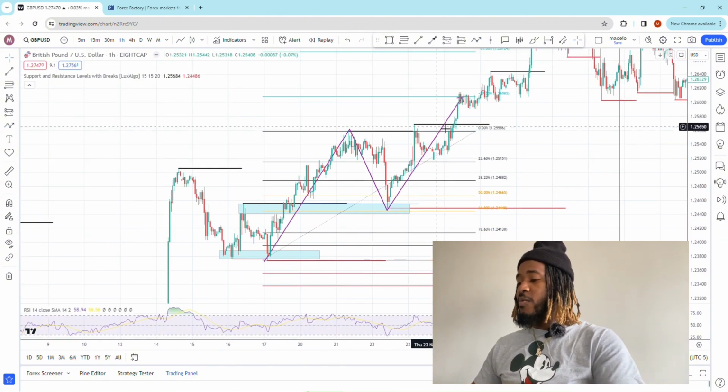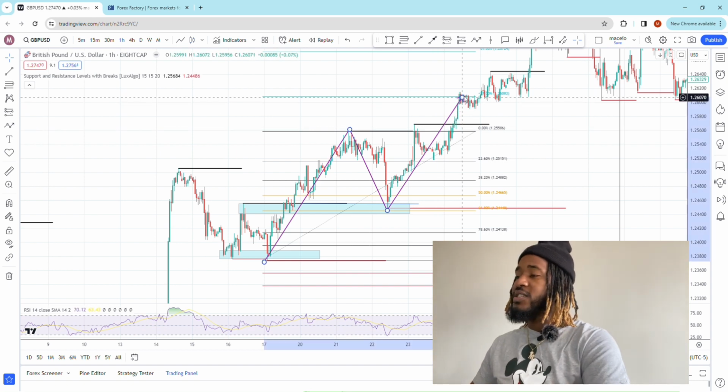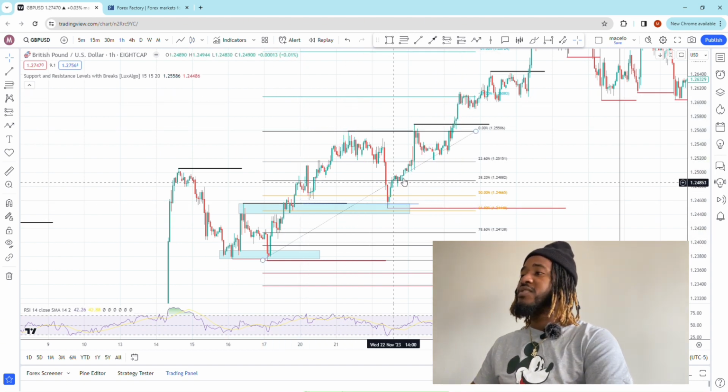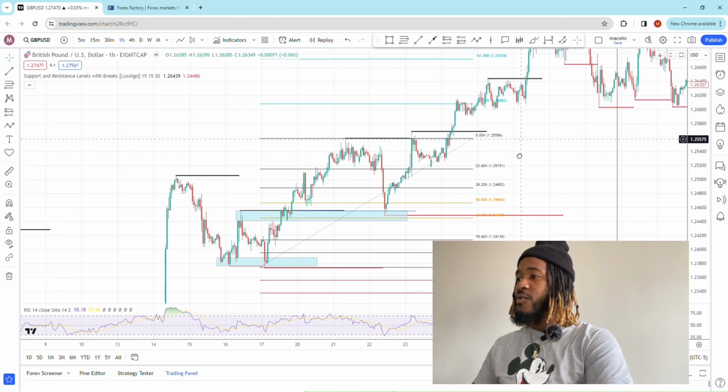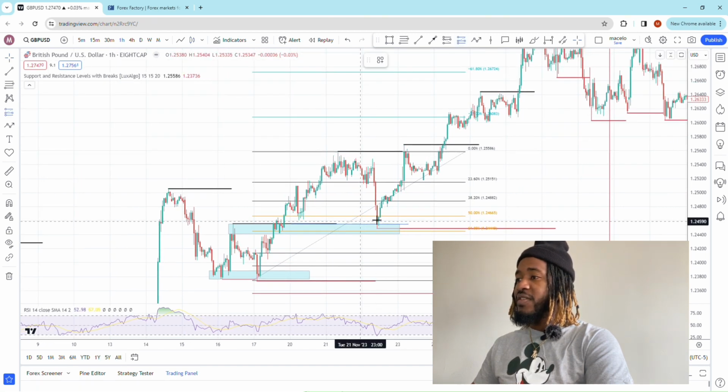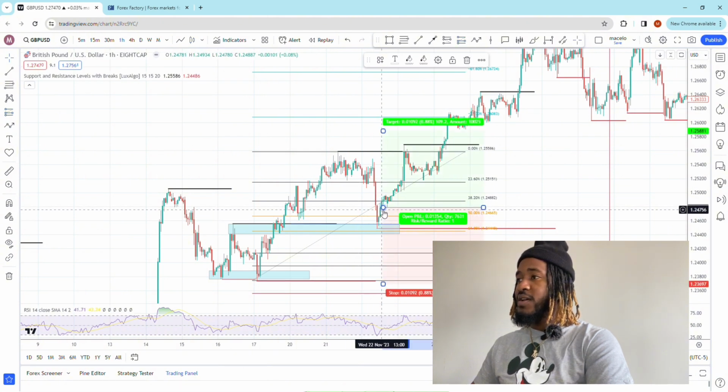Because it almost hit the 61 before giving me my bullish confirmation, I'm only carrying this till negative 27. With negative 27, I can enter off either this one or this one. So let's say this one here, and we go there.